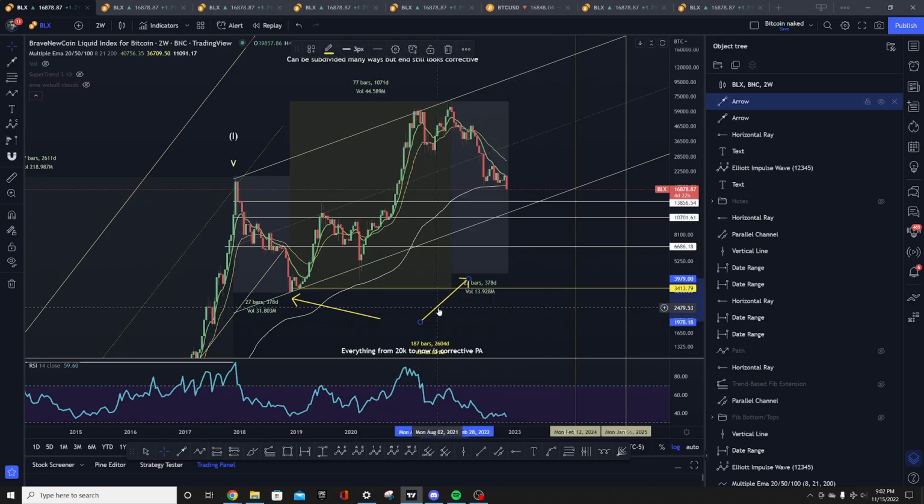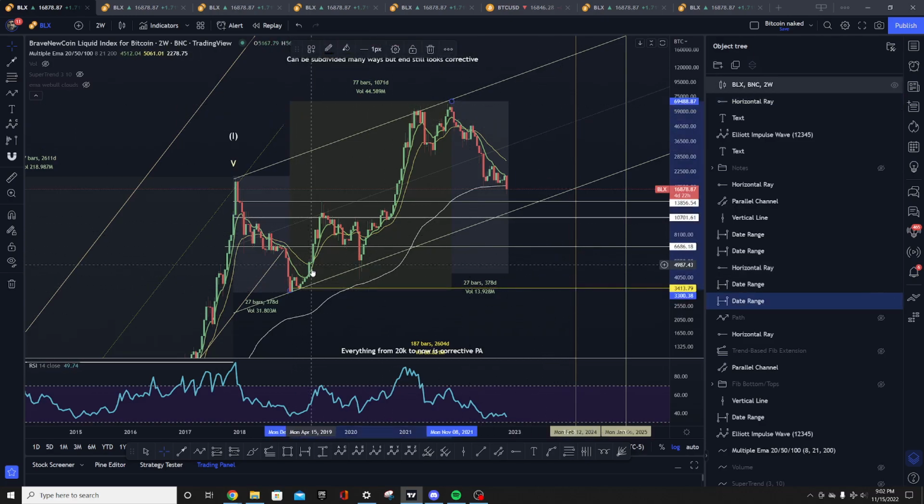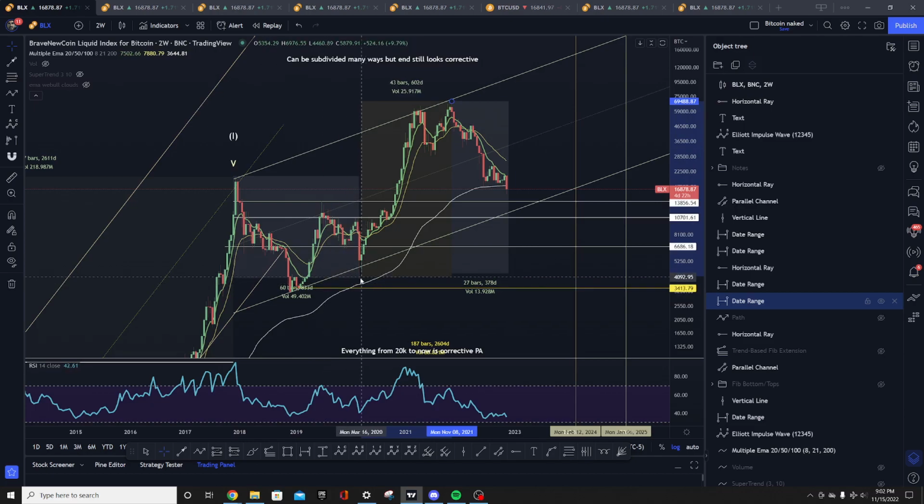More likely than not, it's probably a WXY. That could be your A, and that's B, and this is 60 bars.